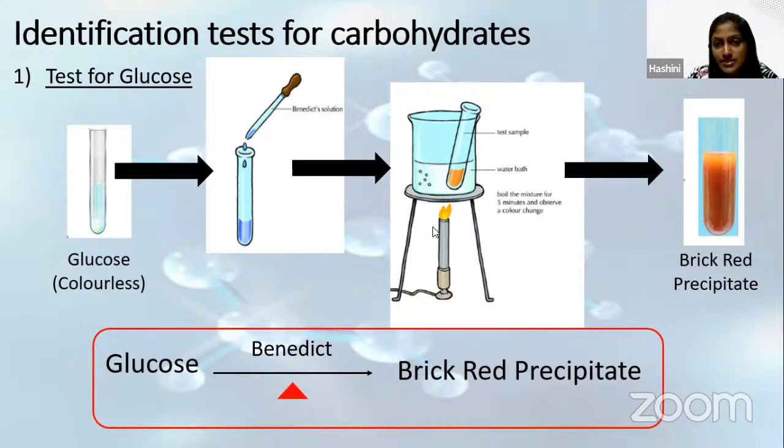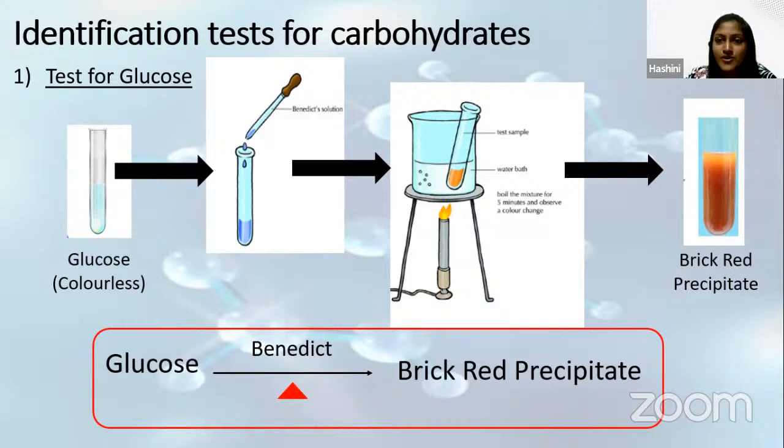But by using this method, first the water is heated, then from the water, the food sample in the test tube is heated. That is the reason we use a water bath instead of direct heating. So what is the observation?